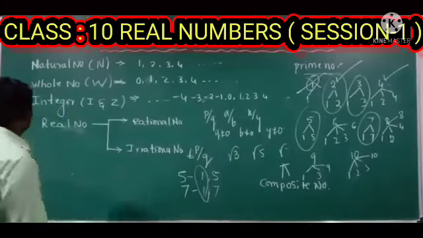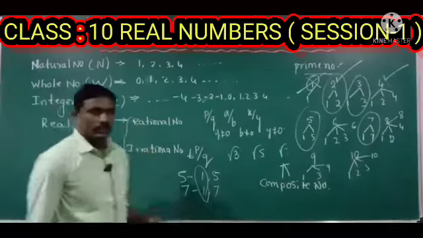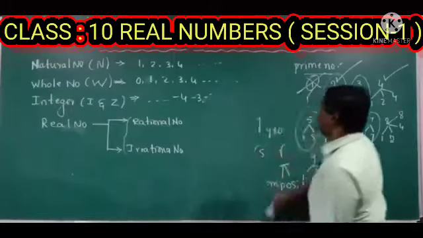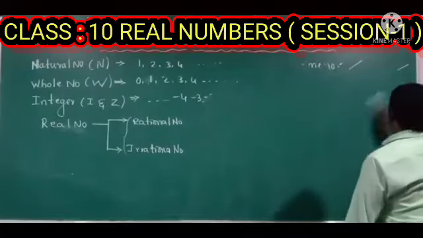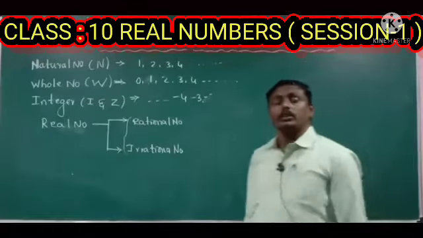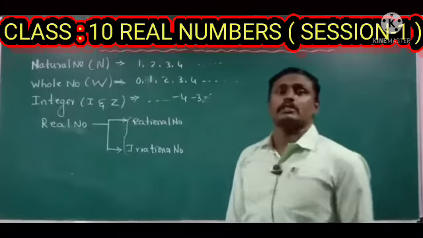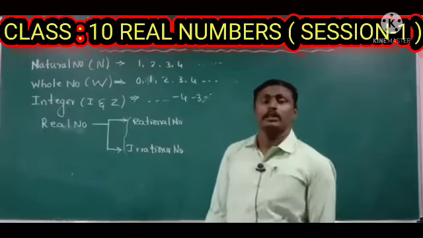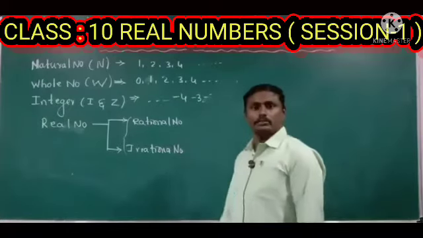Now in this chapter we are discussing two concepts, rational numbers and irrational numbers. The concept of irrational numbers basically originated from the Greek word. Famous mathematicians like Pythagoras and Archimedes introduced the concept of irrational numbers.